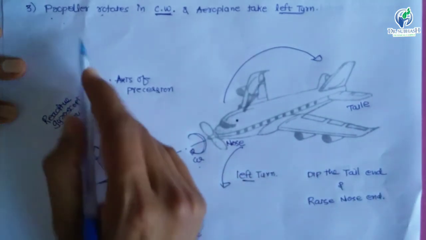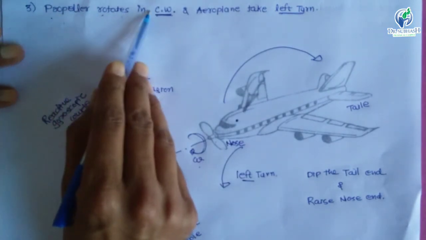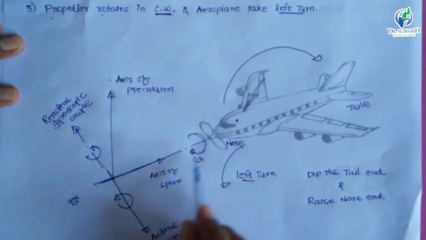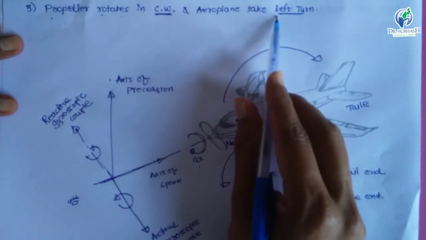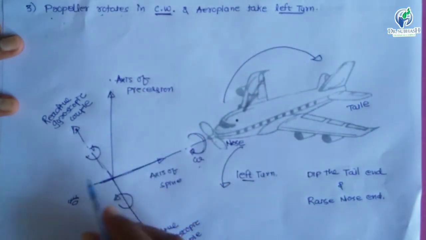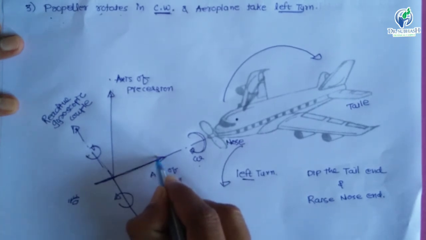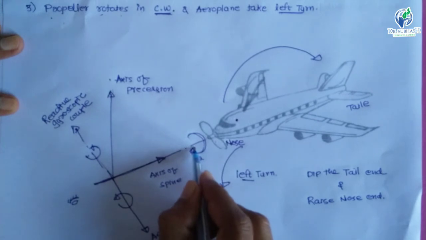So again let us see the propeller. We assume that propeller rotates in clockwise direction when we see from the front end, and aeroplane is taking left turn. So here first of all we represent the vector that represents the angular velocity of rotor.